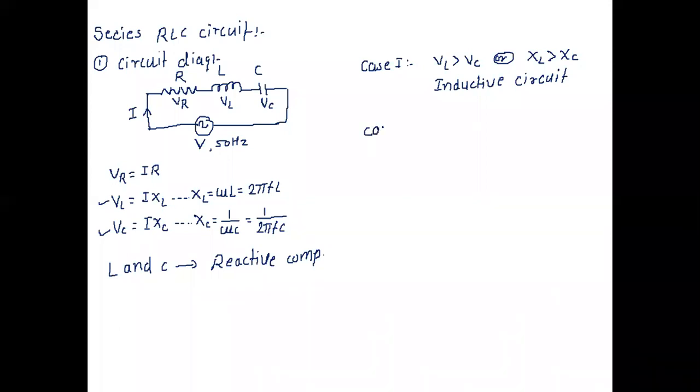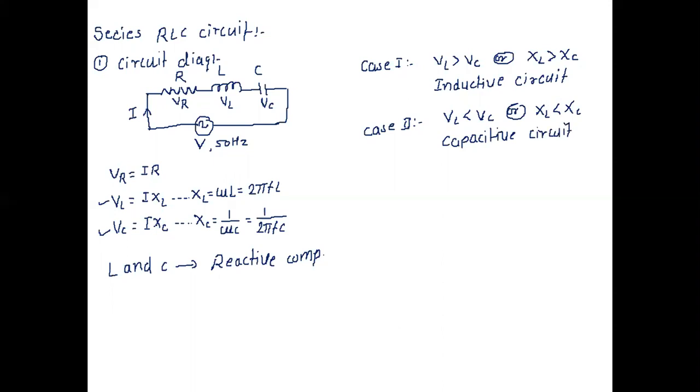The second case is exactly the reverse. If VL is less than VC, or XL is less than XC, then this type of circuit is known as a capacitive circuit.